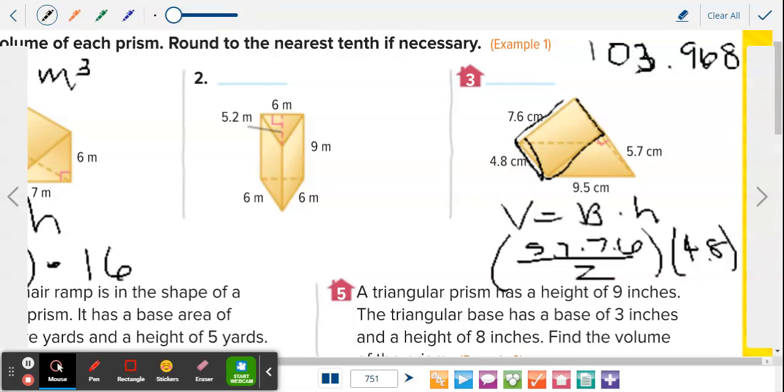Okay, Austin, what would it be rounded to the nearest tenth? Exactly. So it's just going to be 104.0 centimeters cubed.